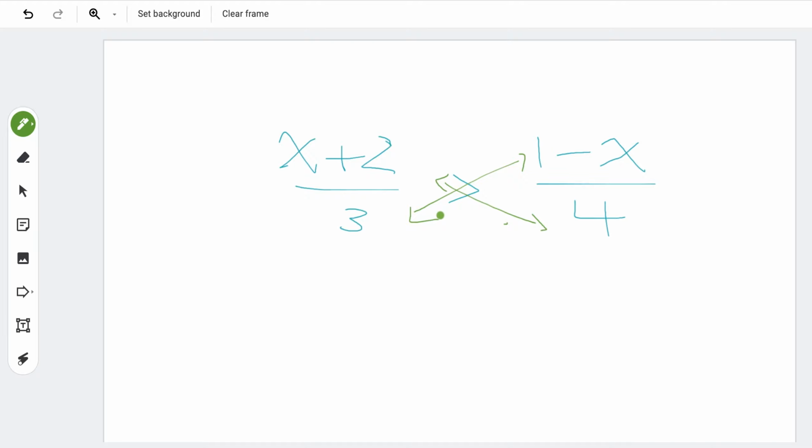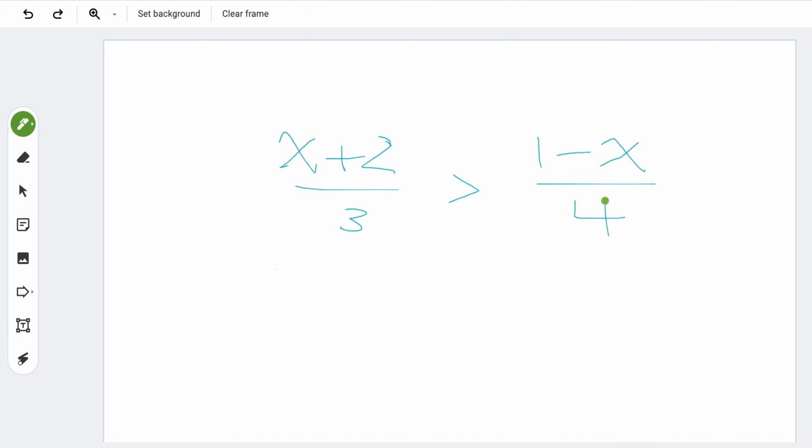But in an inequality, cross multiplying can be extremely dangerous because there are two ways of ending up with an answer, okay? So there's two ways. We can move this x plus 2 down to the bottom of that fraction and move this down to the bottom of that fraction. Or we can do it the other way by moving the 4 up and moving the 3 up. So which way is actually correct?